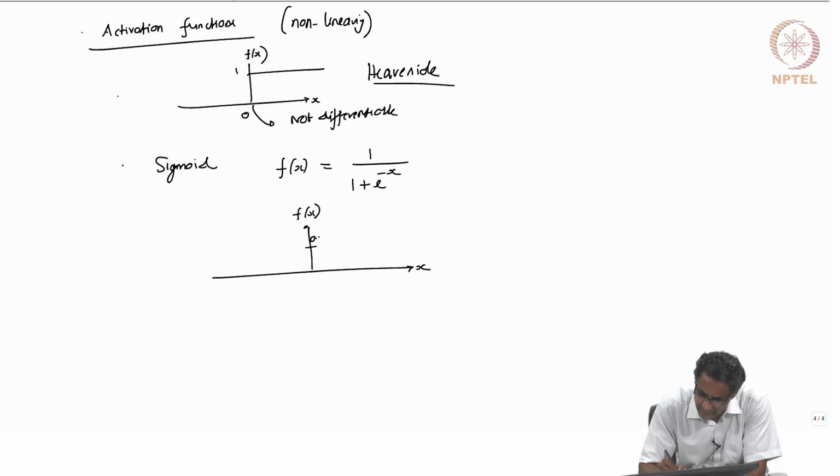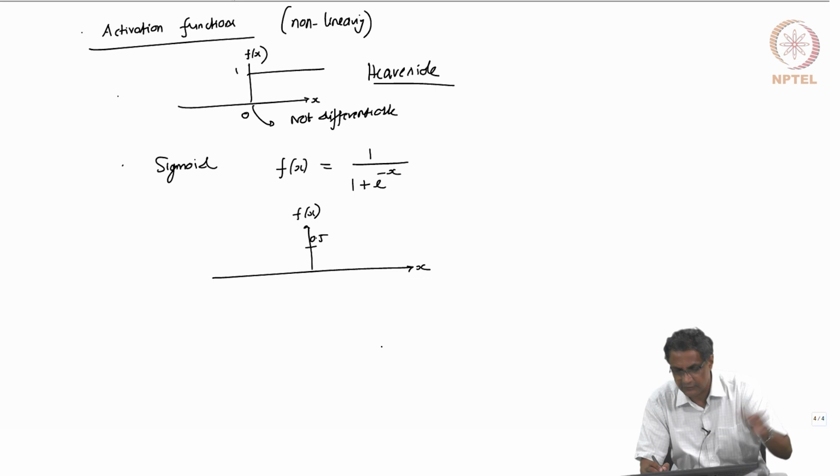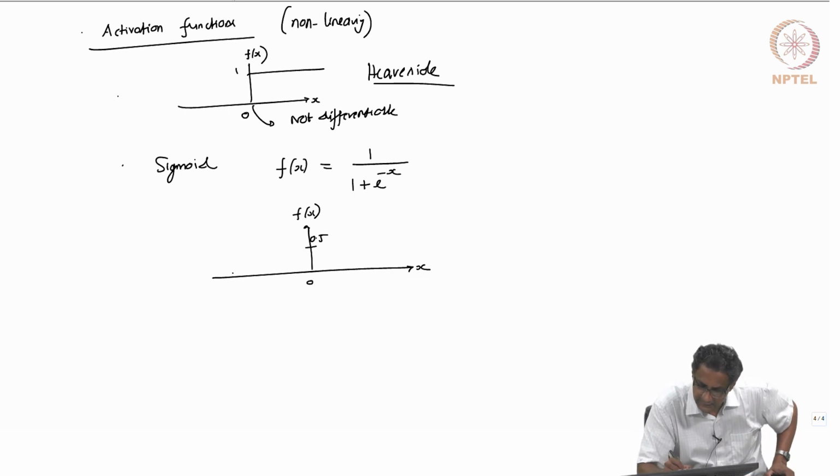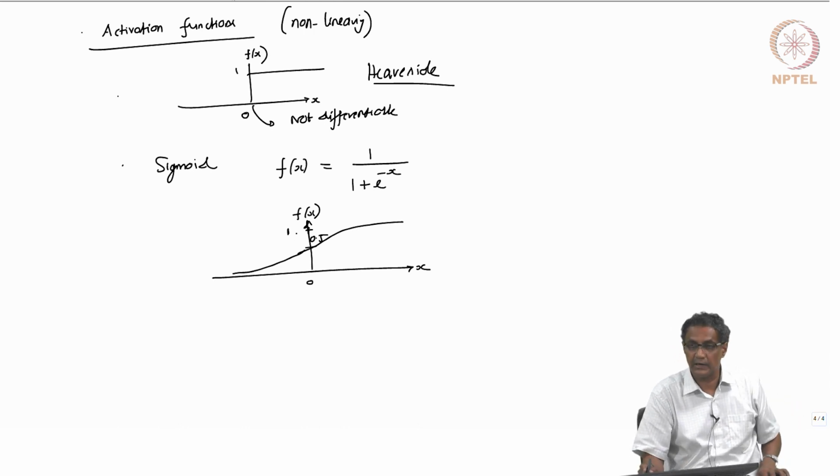As x tends to a large negative value it goes down, and as x becomes a positive quantity you are hitting 1. This is called a sigmoid.